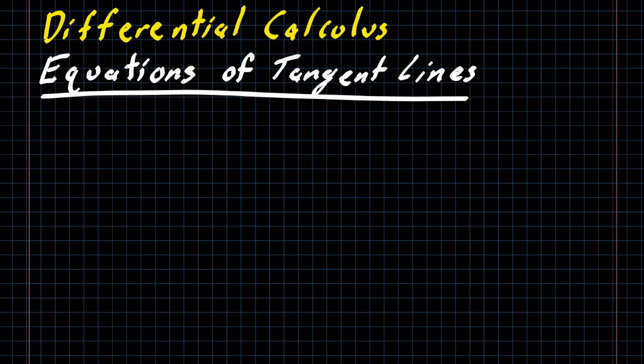Right. For any 2 points, that is what's known as a secant line.